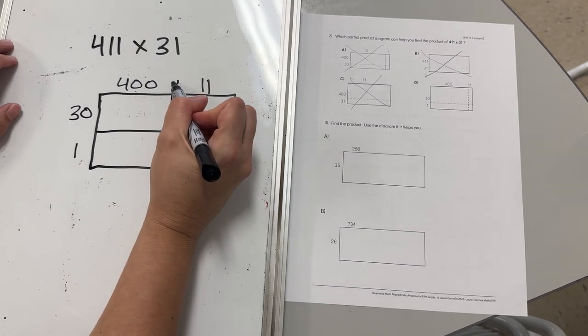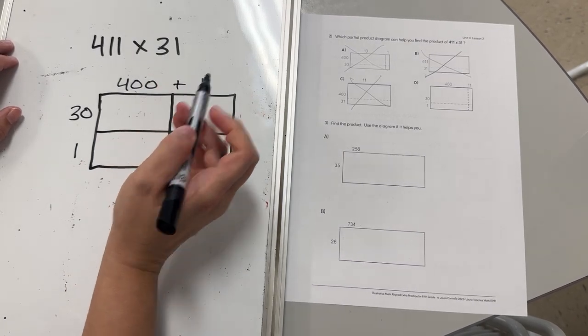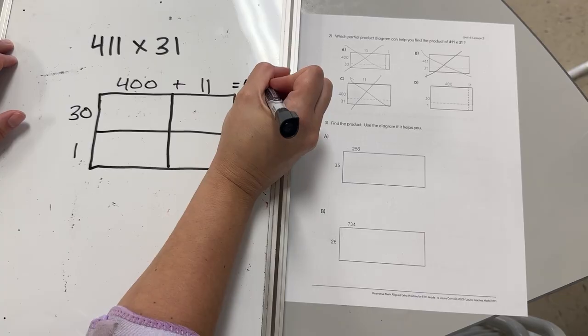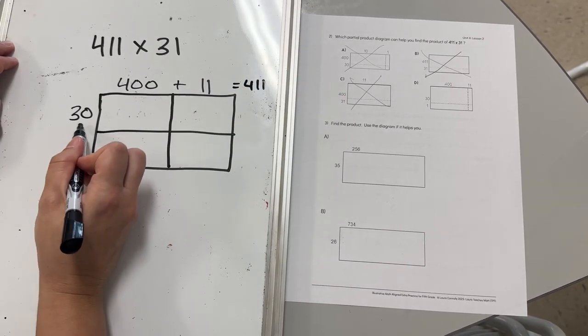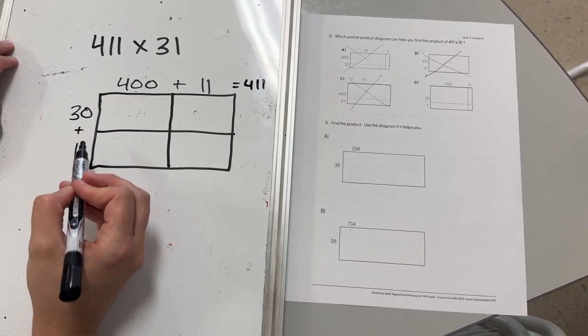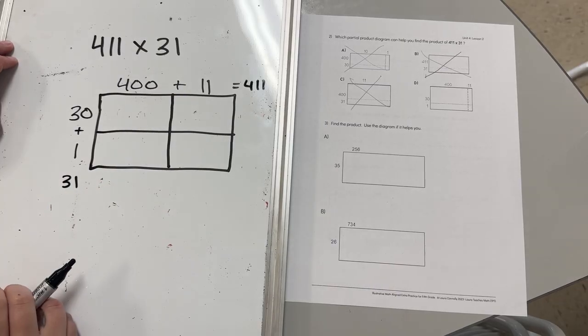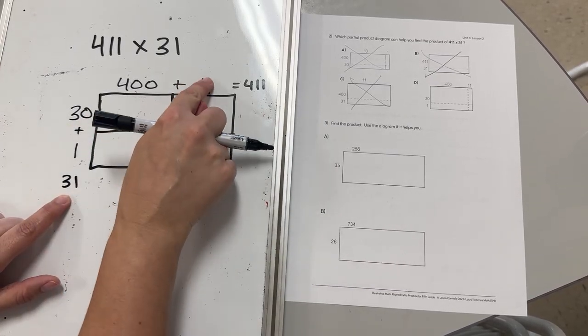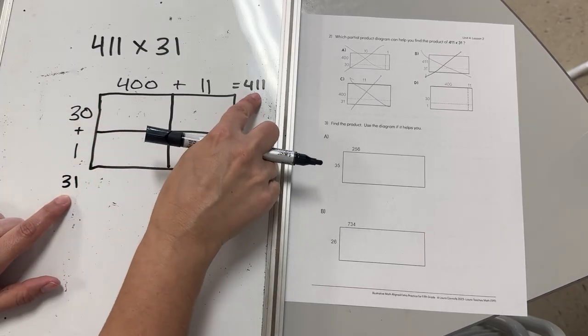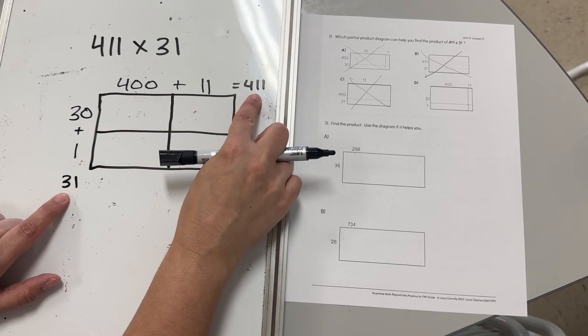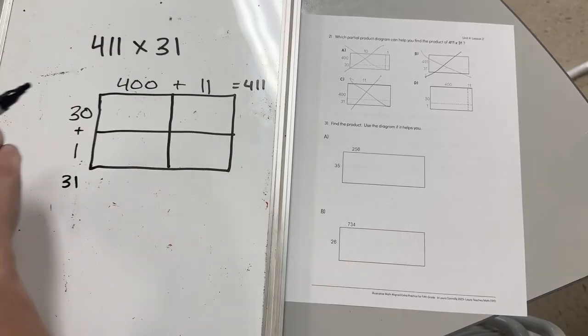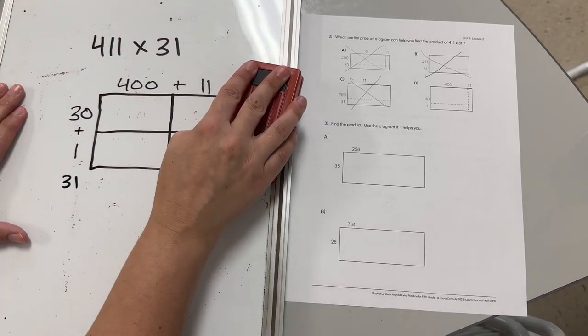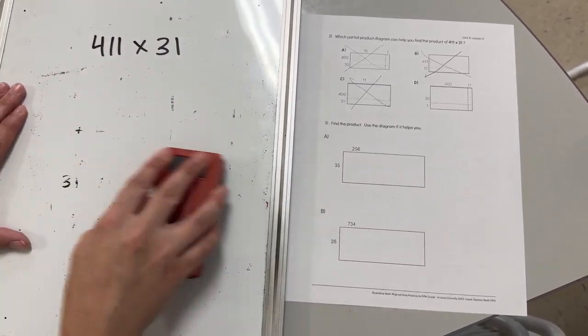When I put together 411, I get 411. When I put together 30 and 1, I get 31, which means that when I'm multiplying, looking up and looking left, I'm going to be multiplying 411 times 31, which is the one that I wanted to do, which means my answer is D.